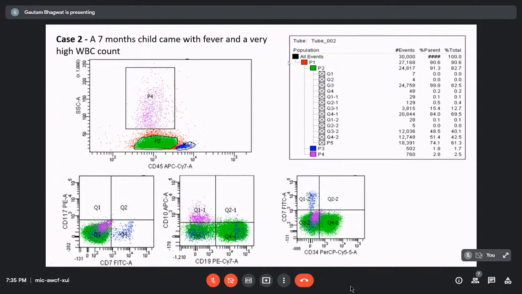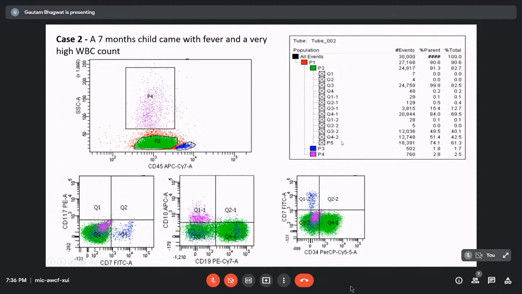I got the P1 population, that is 27,168 events, or 90.6% of the population. So, out of the 100% events that were captured by my flow cell detectors, I am analyzing 90% of the events. Out of that, my cells of interest are 24,817. That is 82% of the total, or 91.3% of the singlets, and so on and so forth.